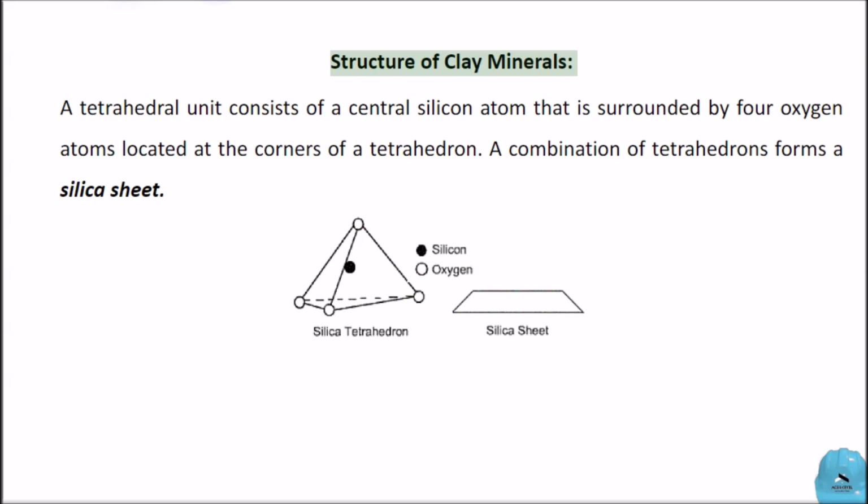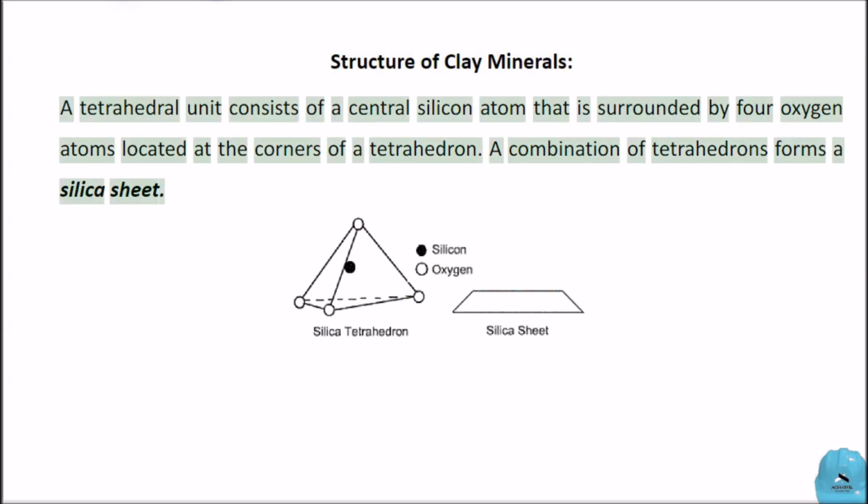Structure of clay minerals. A tetrahedral unit consists of a central silicon atom that is surrounded by 4 oxygen atoms located at the corners of a tetrahedron. A combination of tetrahedrons forms a silica sheet.